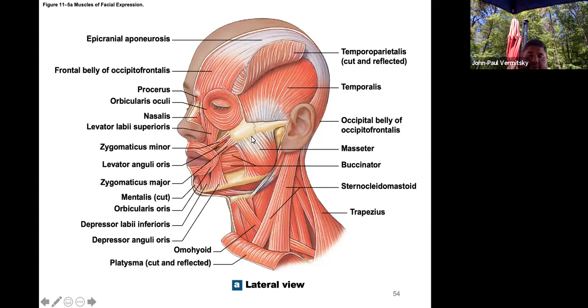Again, this is your cheek muscle. The orbicularis oris right here. And then the platysma is cut right here, but this would be on the exterior surface of, say, the sternocleidomastoid and your hyoid muscles, which are all deeper to the platysma here.